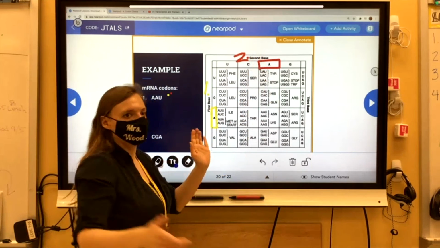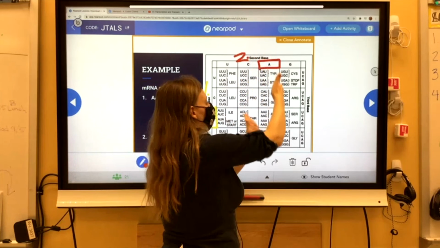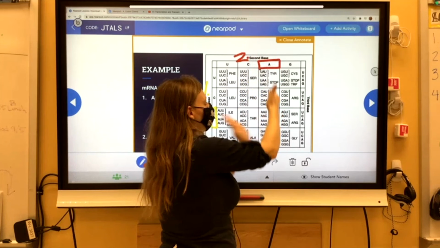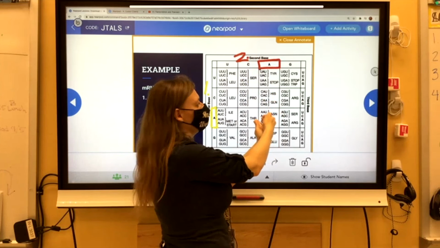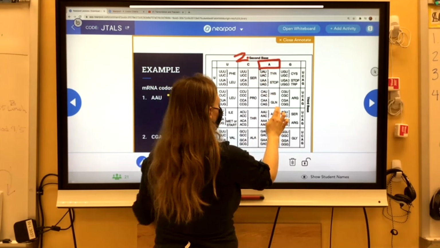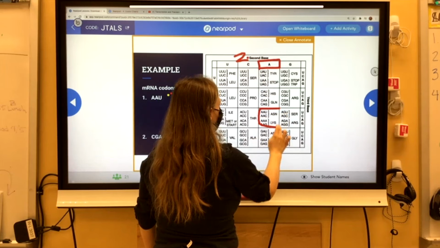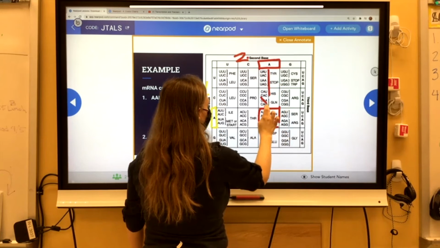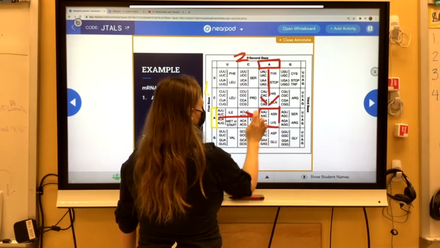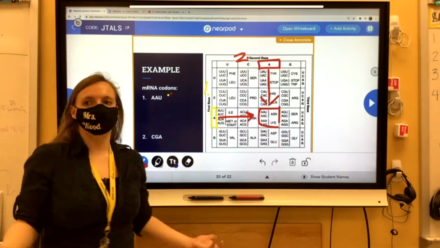So again, friends at home, check us out. We're going to find the point or the box where these intersect. So I know my answer is in this box. All right, I know that my answer must be in this box here, but I don't know which one it is.